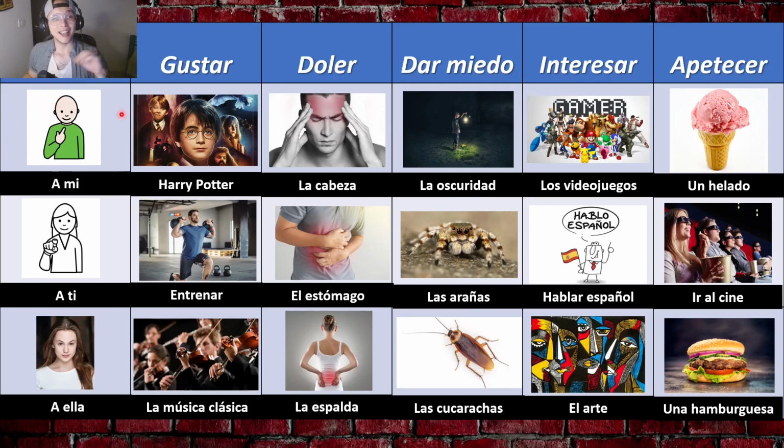I say, a mí no me duele el estómago. One more time. A mí no me duele el estómago. Remember that making the negative sentence is as easy as putting a no after the subject. A mí no me duele. A ella no le dan miedo, etc. Okay?